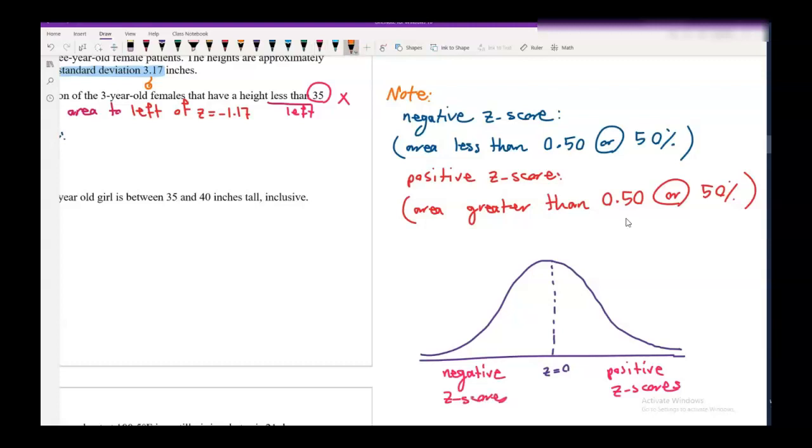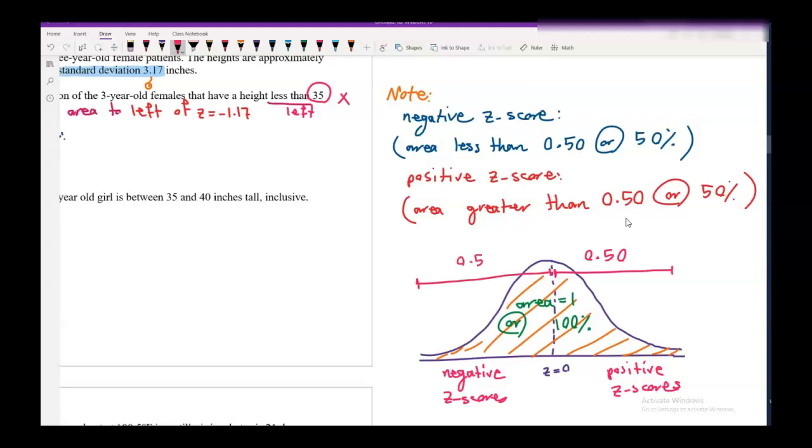In total, the area under the curve is equal to 100% or equal to 1, meaning that 50% of the area is on the right side, and the other 50% is on the left side.